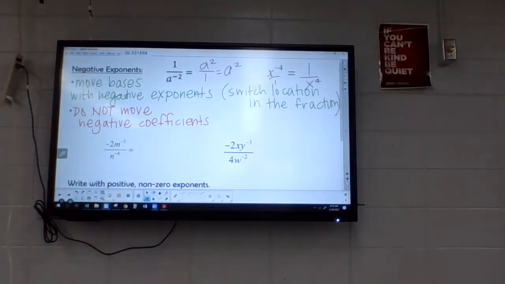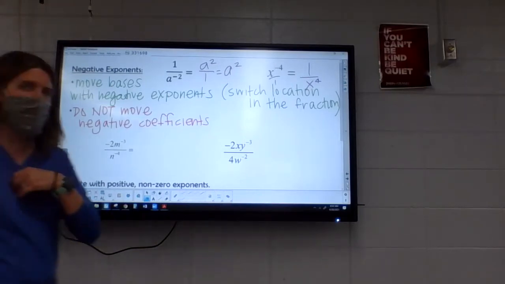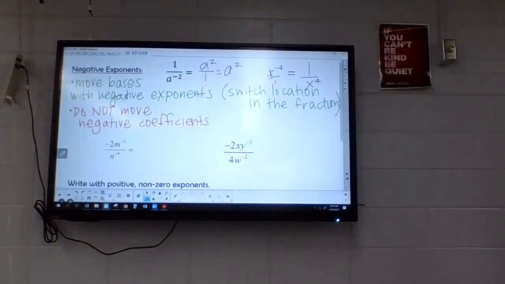This is why it's so important to understand these terms. We're going to move negative exponents, but not negative coefficients. I'll show you what I mean in this example down here.